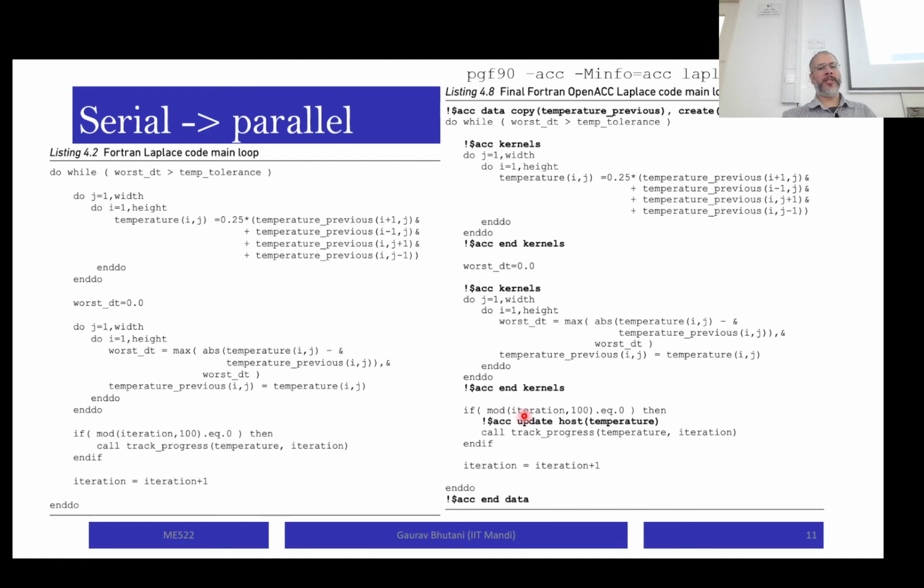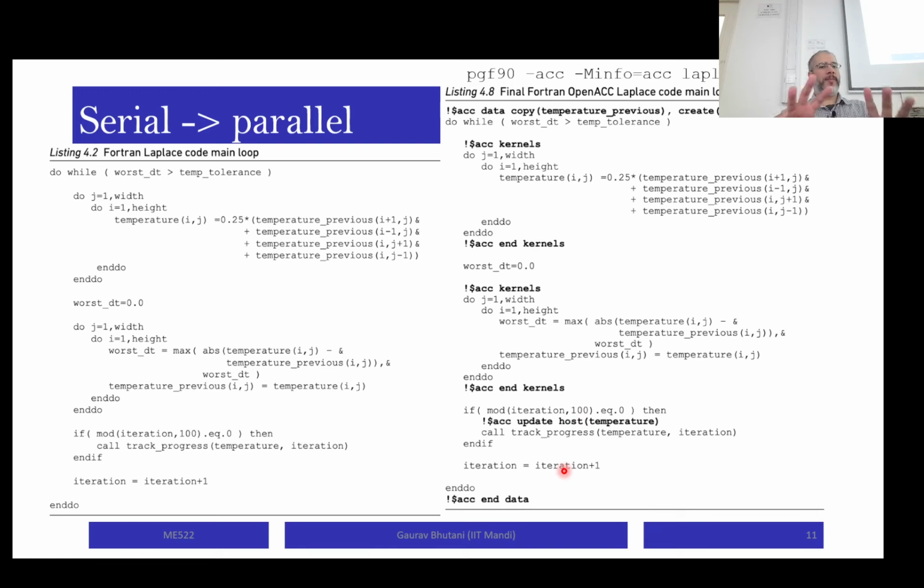So you keep this ACC update inside the if condition, and this if condition is checking for every 100 iterations. You are using the mod operator: mod(iteration, 100) is equal to 0. That means after every 100 iterations you want to update the temperature on the host and print the values on the screen.